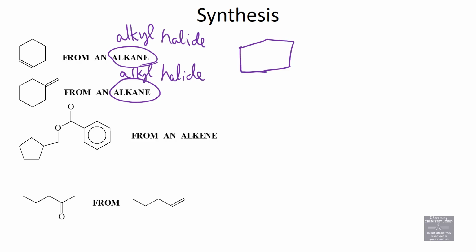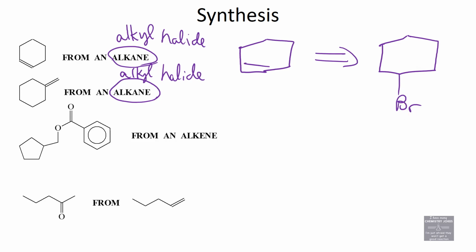It all depends on what reagents I choose. So if I want to make this from an alkyl halide, the halogen definitely needs to be on this carbon or that carbon to make it most easy, right? Hopefully you see that. But the deal is, it's not different. It's the same whether I put the halogen here or there. It's just a cyclohexane.